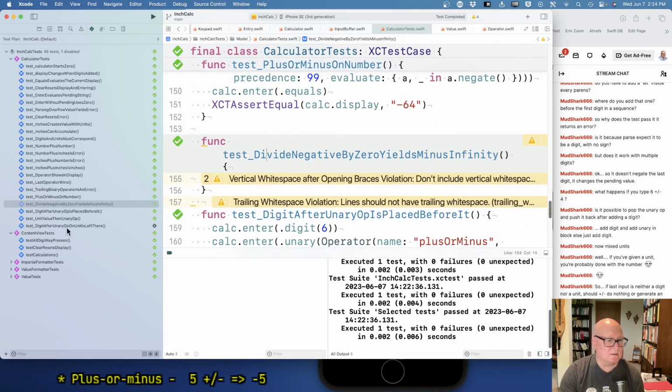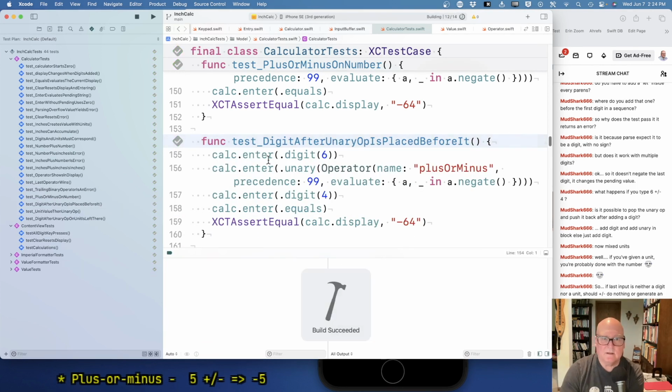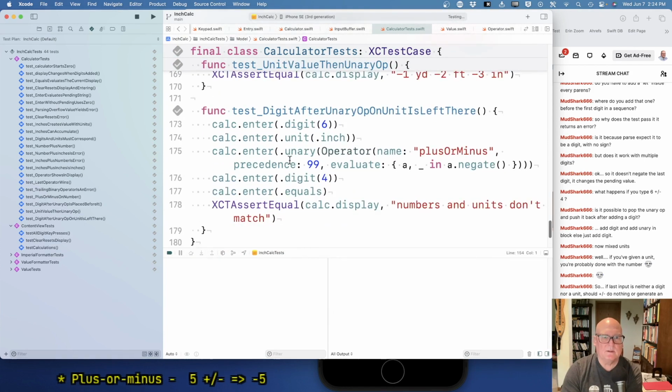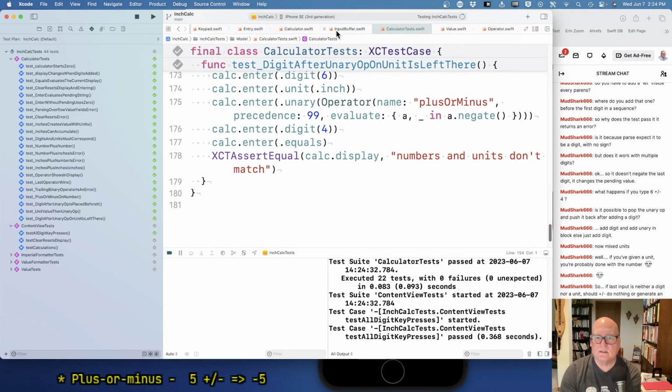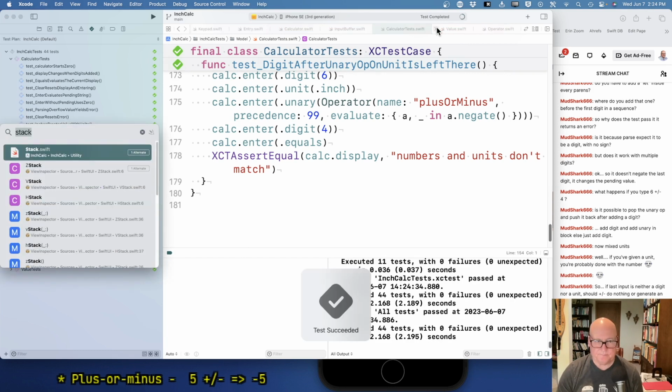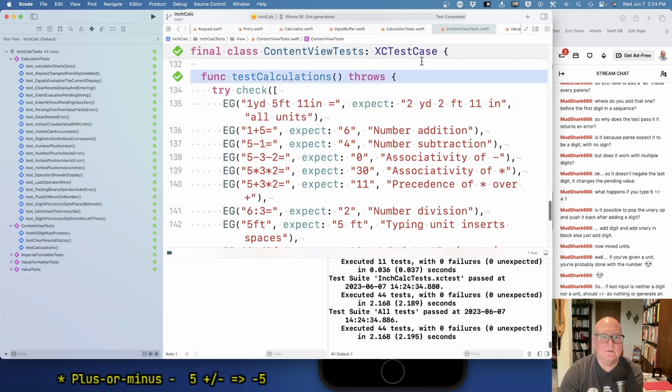Okay, so this. Why is he enable? Delete. Okay. Let's see. So we're making up... tell you what. Let's do that up at the system level. Content view tests.